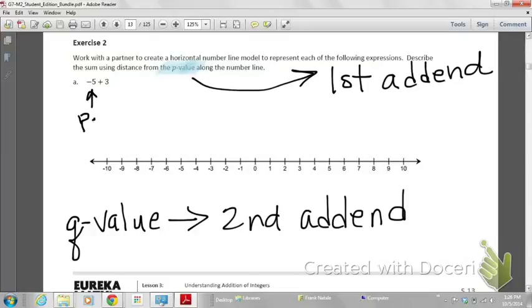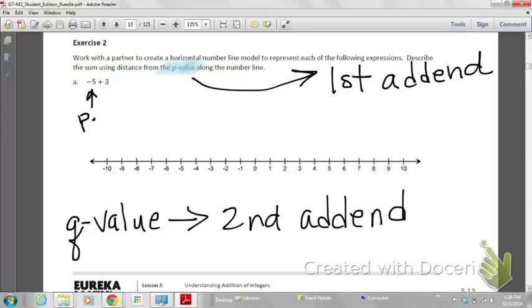So let's just read this whole problem again. Work with a partner, your parent, teacher, a sibling or a friend, or do it yourself, to create a horizontal number line model to represent each of the following expressions. There are going to be a few here. So here's A. Describe the sum using distance from the p-value.